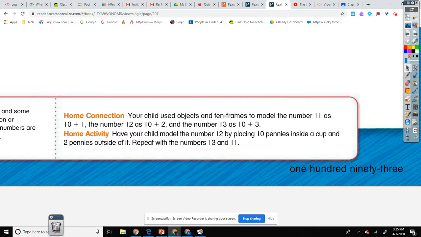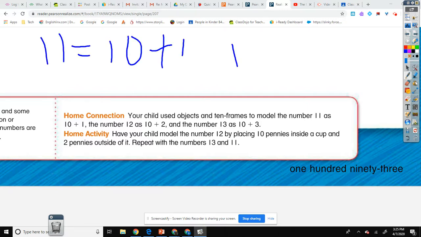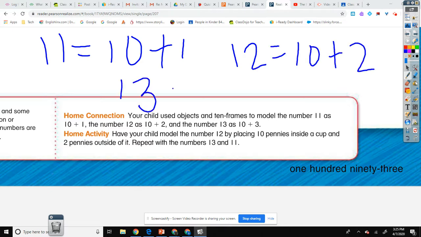Your child used objects and 10 frames to model the number 11 as 10 plus 1, the number 12 as 10 plus 2, and the number 13 as 10 plus 3. Okay, so 11 is equal to 10 plus 1, 12 is equal to 10 plus 2, and 13 is equal to 10 plus 3.